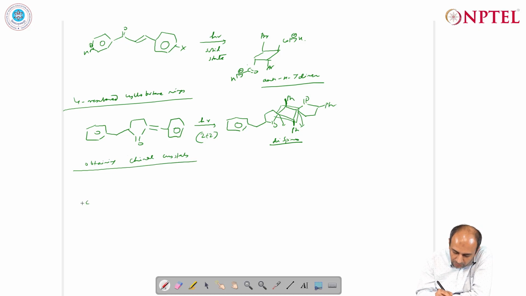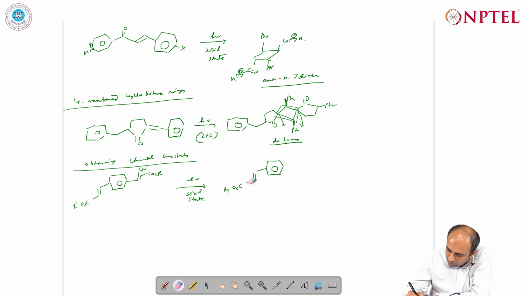So let us start with this example: CO2R1, CN, CO2R2, in the solid state, and we get CO2R1, this is the 4-membered ring.